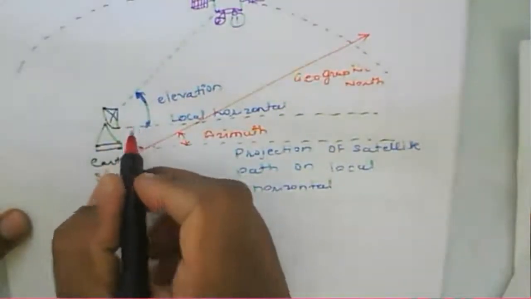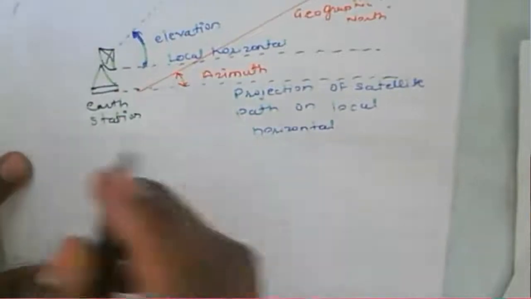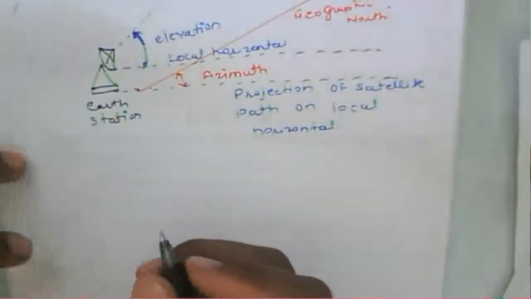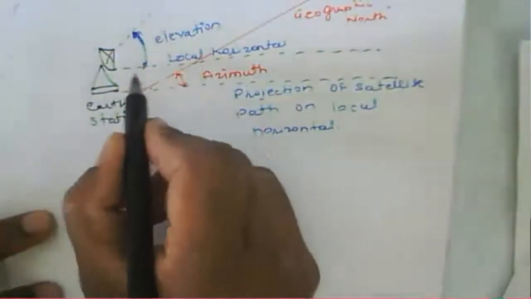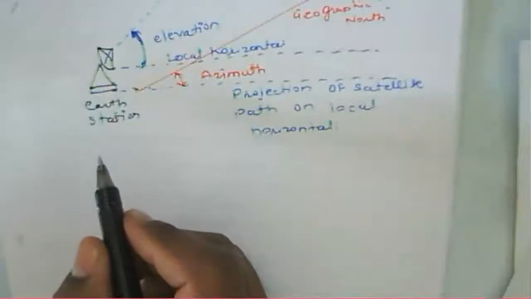Now, what do we mean by this particular azimuth angle and the elevation? The elevation is the angle generally measured from the trajectory of the satellite on the local horizontal plane. This one is nothing but the trajectory of a satellite on a local horizontal plane.